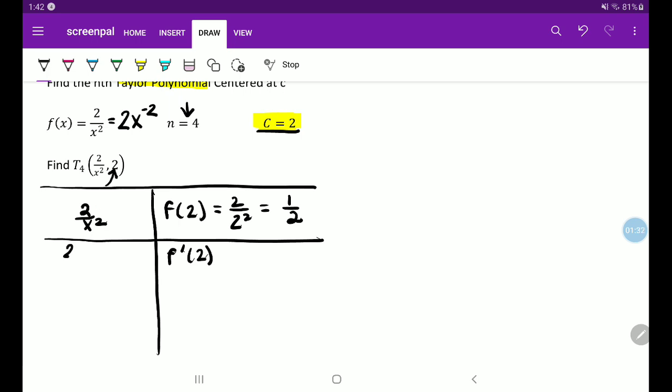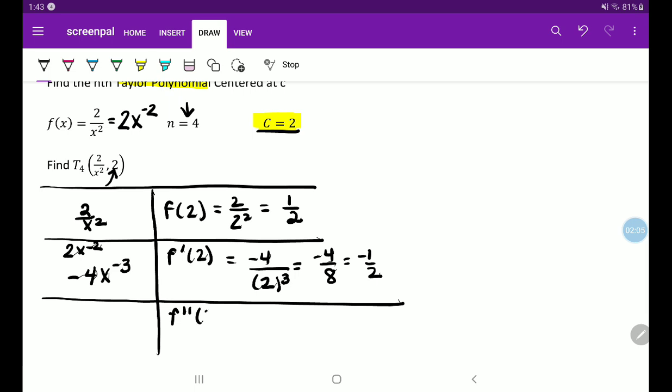Remember, this is really the same thing as 2 times x to the negative 2, so we can do a power rule. So this will now be a negative 4x to the negative 3. In other words, when I'm evaluating this, I now have negative 4 over 2 to the third power. So negative 4 over 8 will give me a negative 1/2.